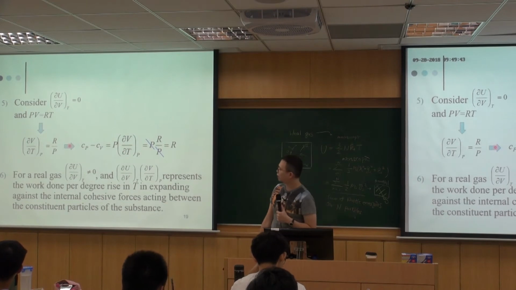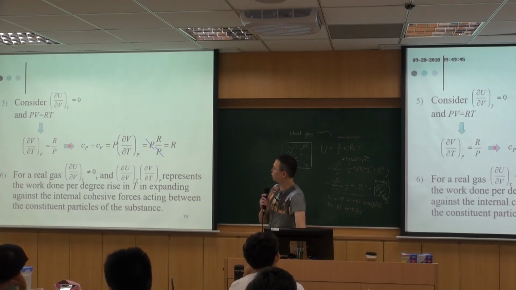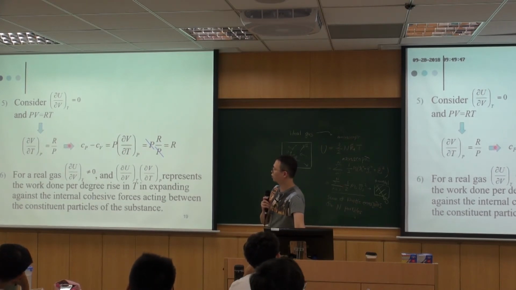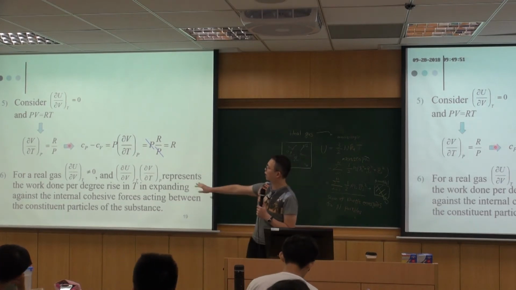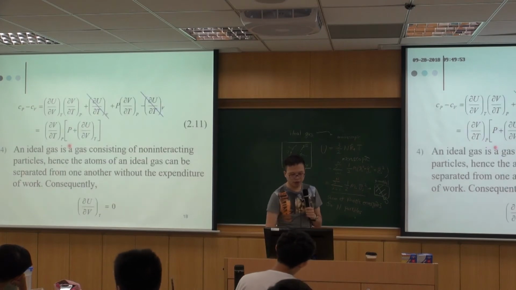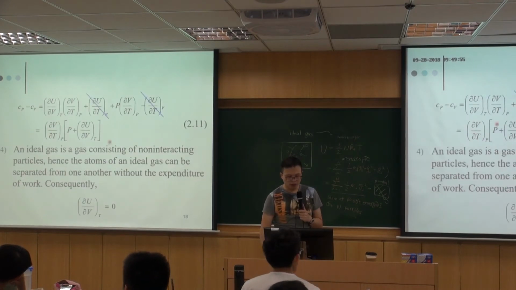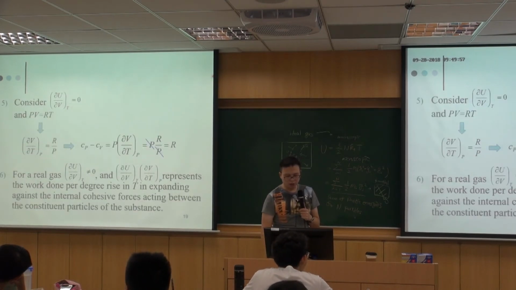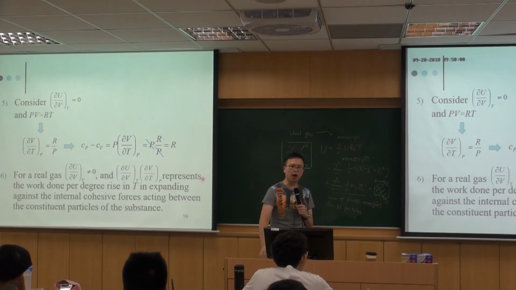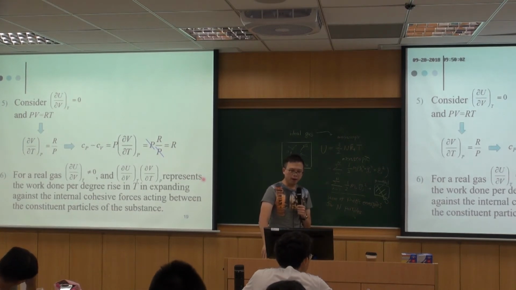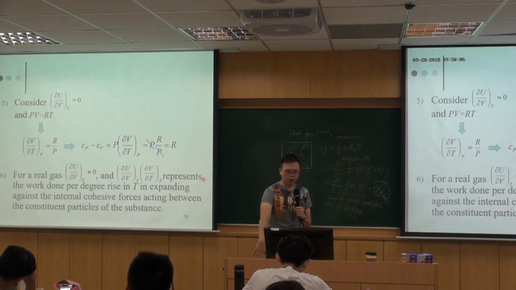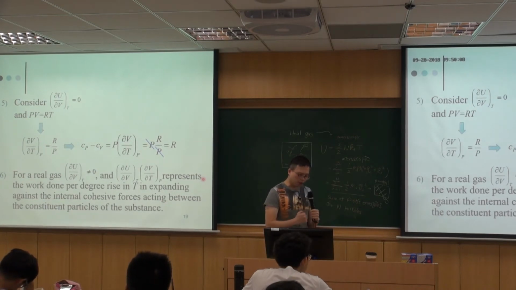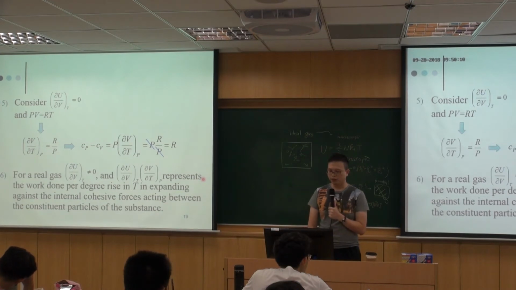So for a real gas, we know that this quantity, partial U, partial V, is not 0, and therefore this last term here, this times this, represents the work done per degree rise in temperature, in expanding against the internal cohesive force acting among the particles of the substance.